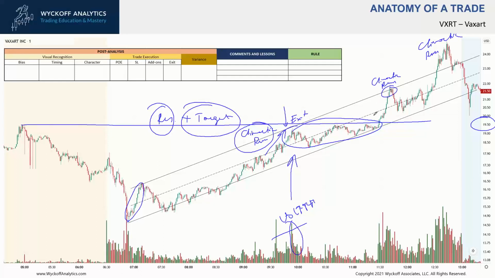Here, it's an overbought. Here, it's a much clearer climactic run in terms of everything, right? So the highest volume signature, the biggest advance, the biggest momentum for the day, and then look at this immense overbought condition. So this is where the exit should have been on either of them.